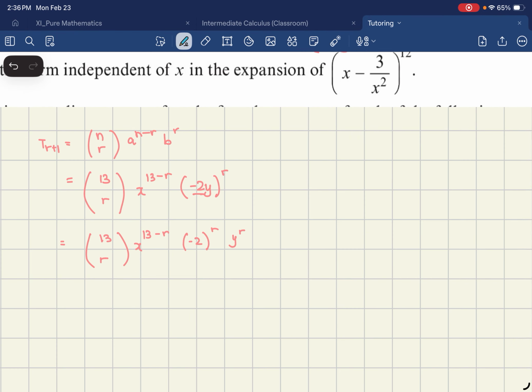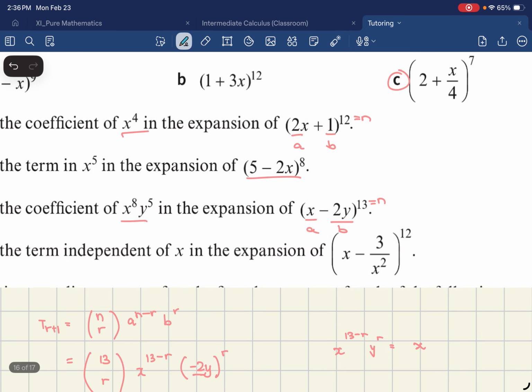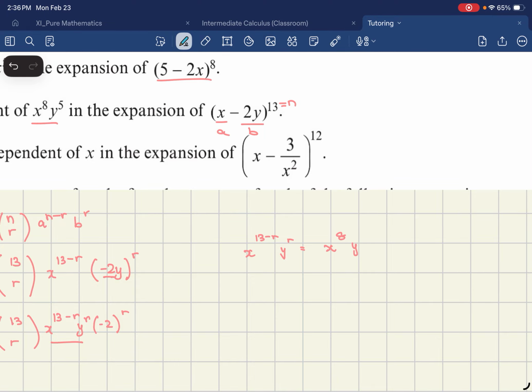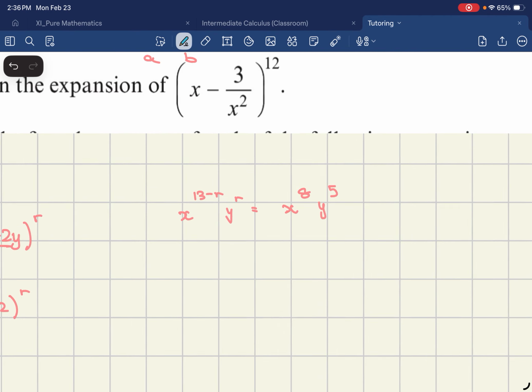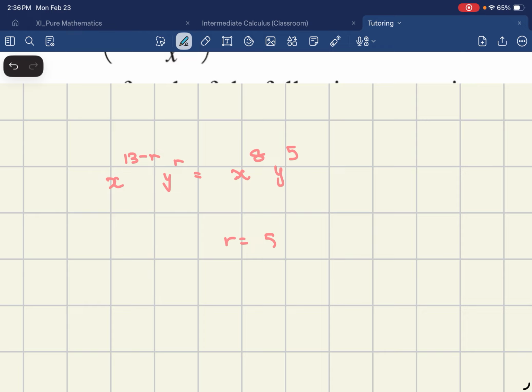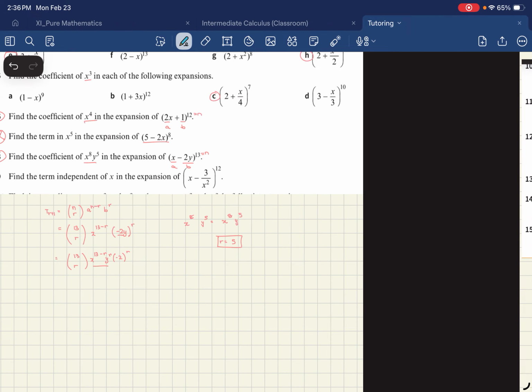Now, let me isolate. I want to look at x to the power 13 minus r, y to the power r, which should equal x to the power 8, y to the power 5. So suppose I select r is equal to 5. Then 13 minus 5 is just 8. So I want r equal to 5.